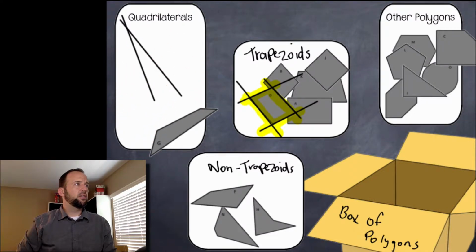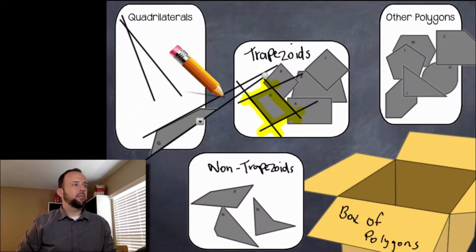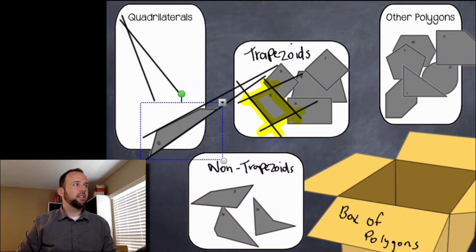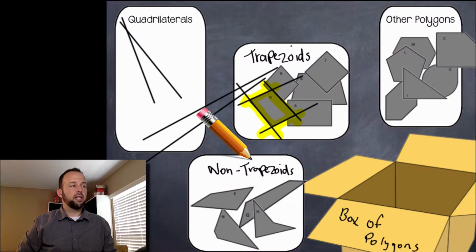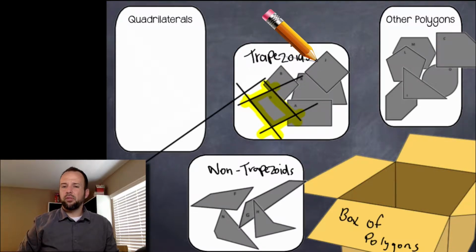So let's draw some lines and see what we think. Yep, even though those look pretty close, they're going to touch eventually. So again, this guy is not parallel. He has no parallel sides, so he is not a trapezoid. So our trapezoids, it looks like, are A, D, B, K, and J. Okay, so those are our trapezoids. So pretty cool so far.